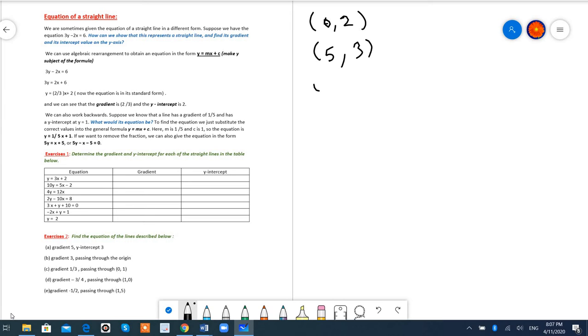We said the equation of any line is y equals mx plus c, and in order to find the m we have to find delta y over delta x.